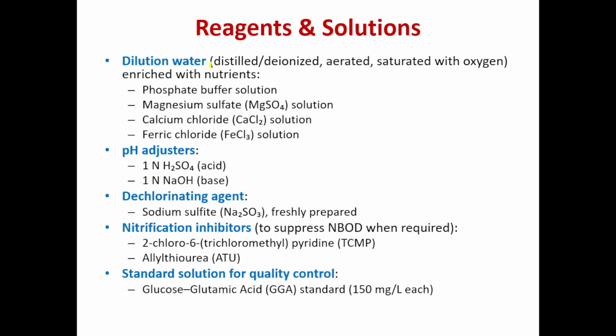About reagents and solutions, the first thing required is the dilution water with nutrients like phosphate buffer, magnesium sulfate, calcium chloride, ferric chloride, pH adjusters 1N H2SO4, 1N sodium hydroxide, dechlorinating agents like sodium sulfite, nitrification inhibitor like TCMP or ATU, that is allyl thiourea, and this is trichloromethyl pyridine.